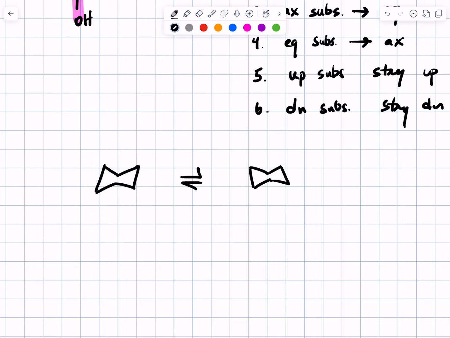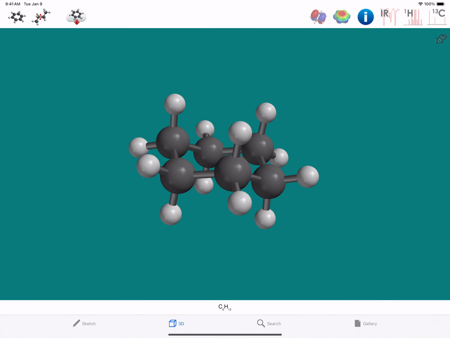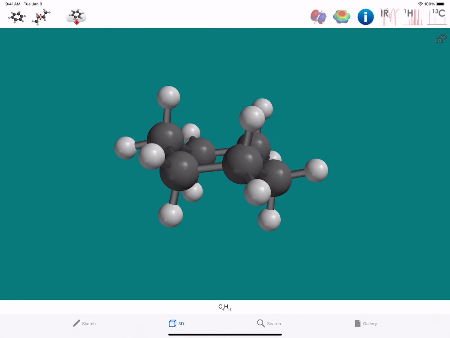That is mostly marketing, by which I mean the text is trying to communicate that there's been a change, but drawing the 2 chairs that way, to me, doesn't really do anything. Let me just give you a quick example of that. Here is a cyclohexane ring in Spartan.